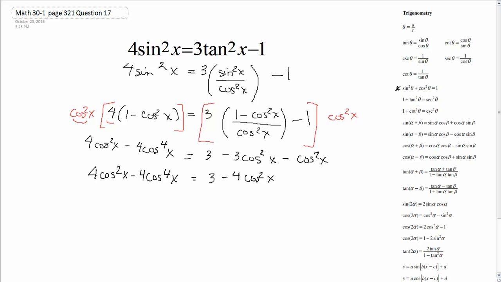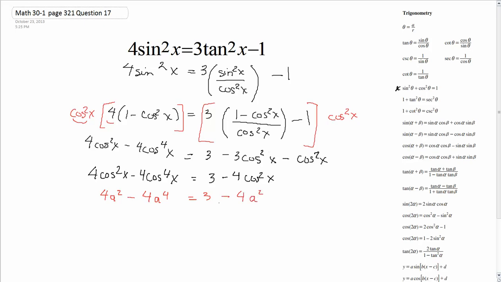And hopefully you can see this as a quadratic equation. I'm just going to rewrite it and use a instead of cos x. So this would be like 4a squared minus 4a to the 4th is equal to 3 minus 4a squared.